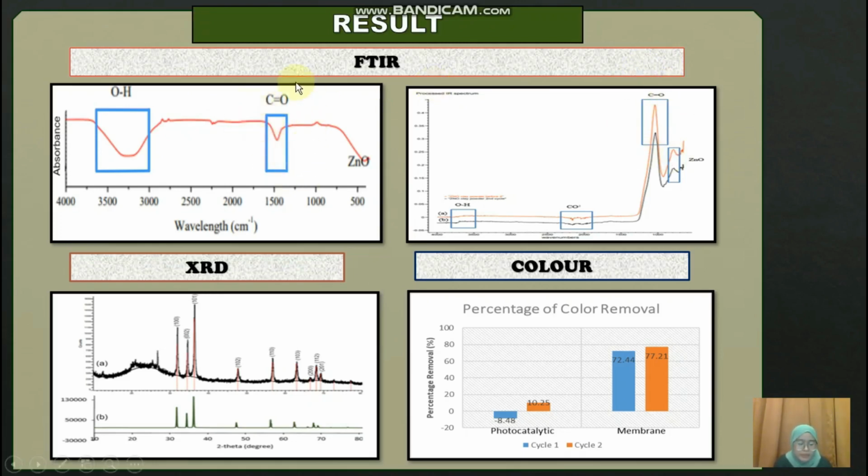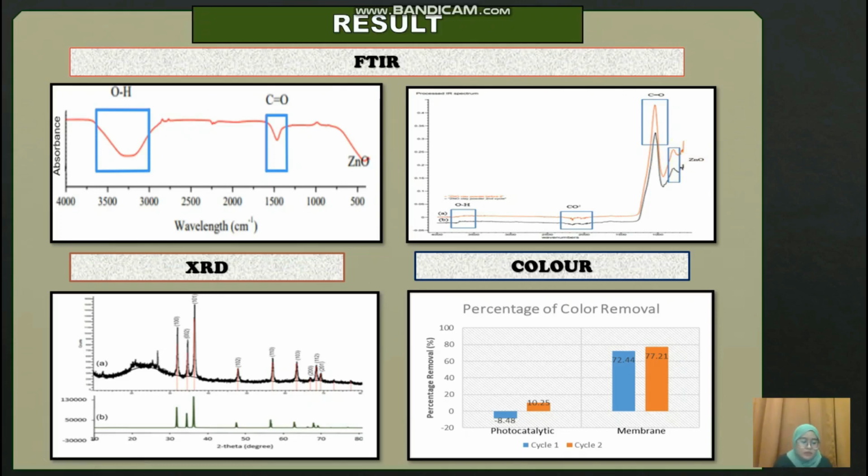The broad peak at 682 in commercial zinc oxide corresponds to the vibration mode of the zinc oxide bond, while the sharp peaks at 790 and 782 are for zinc oxide clay and zinc oxide clay after 2 cycles.